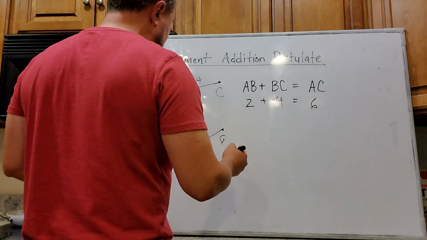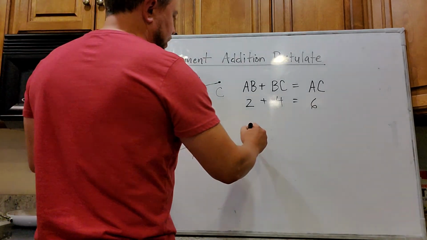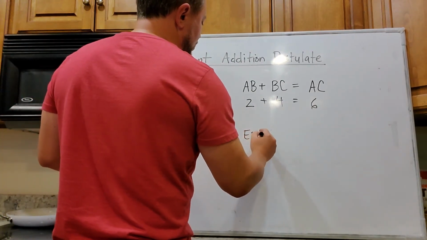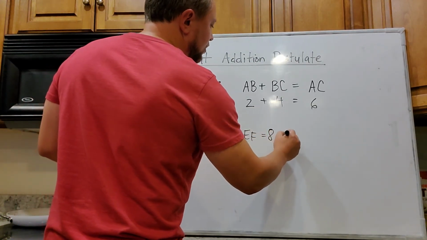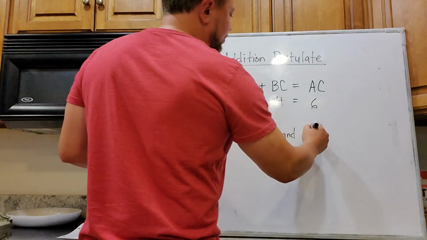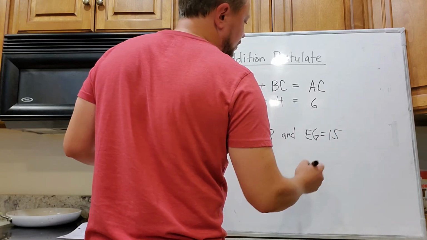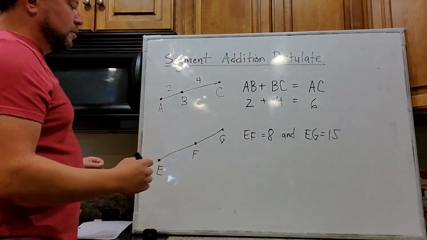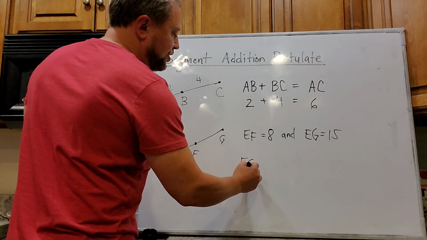And suppose that I told you that EF in this picture is a length of 8 and EG has a length of 15. So first of all, you should be able to find for us FG.